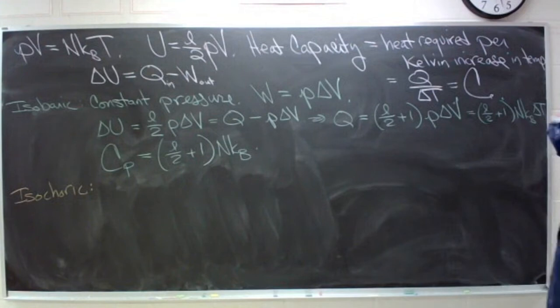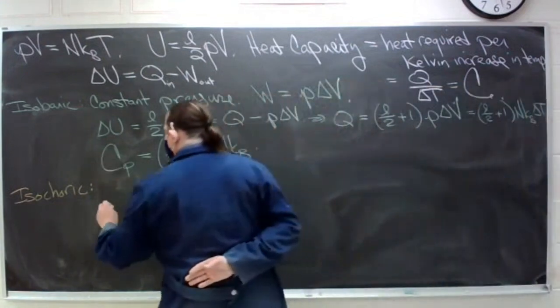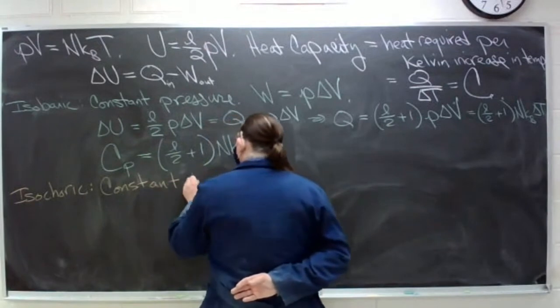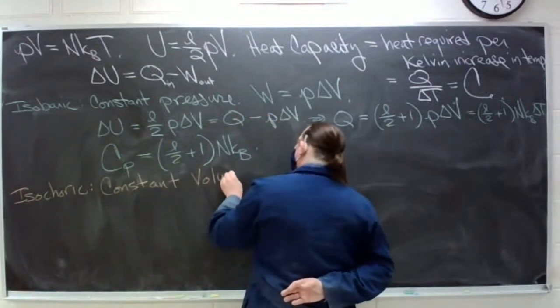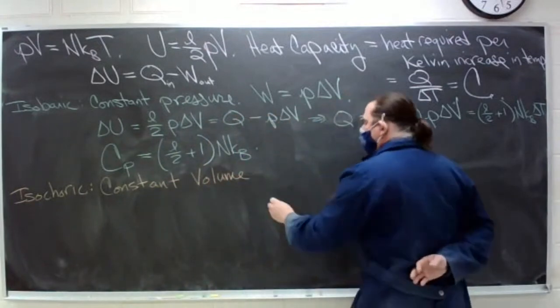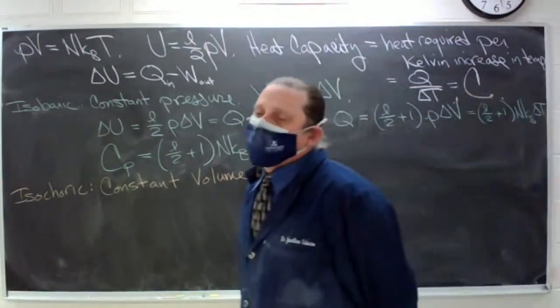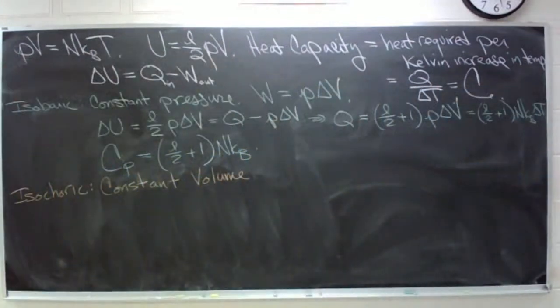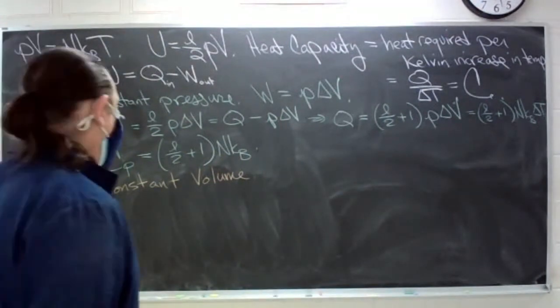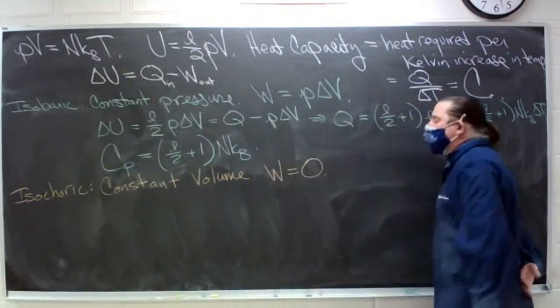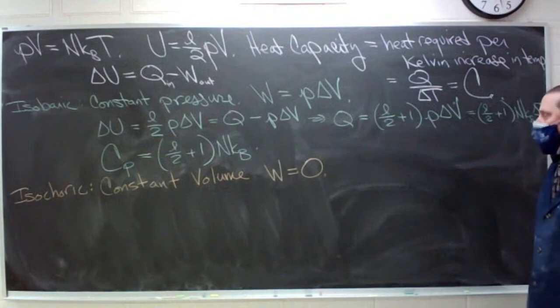An isochoric process is a process that takes place at constant volume. Since the volume is constant, there's no displacement. That means there can be no work done. The work is equal to 0.